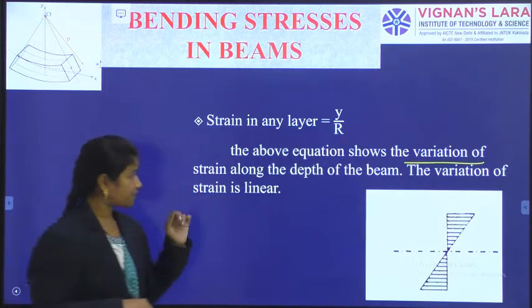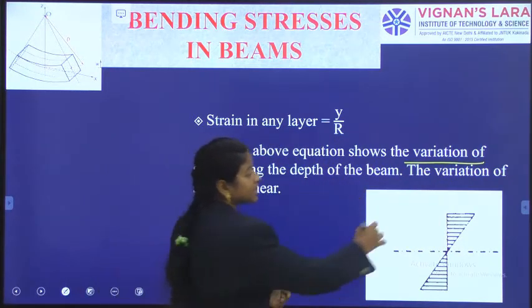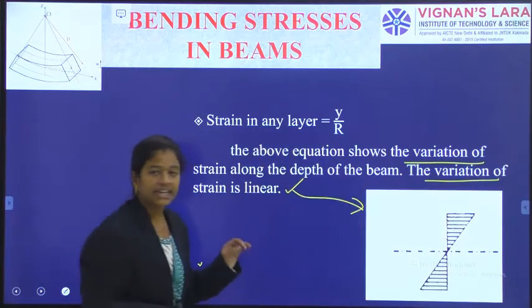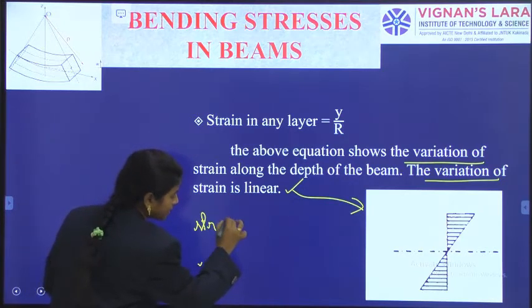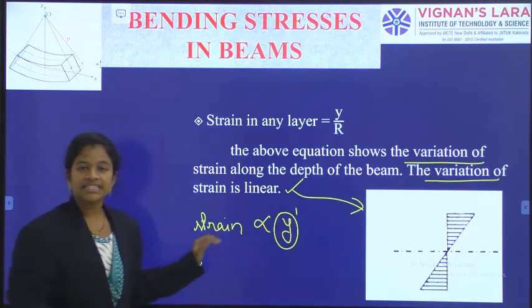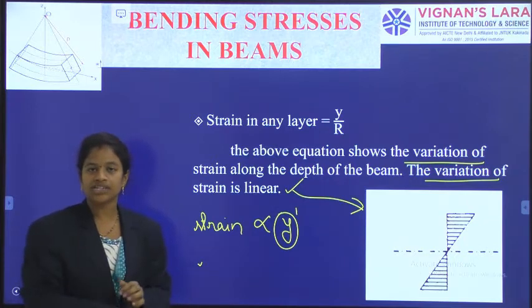The variation of strain along the depth of the beam is a linear variation. Simply, strain is related in a single degree of y. So single power means linear, or it will give a straight line equation.